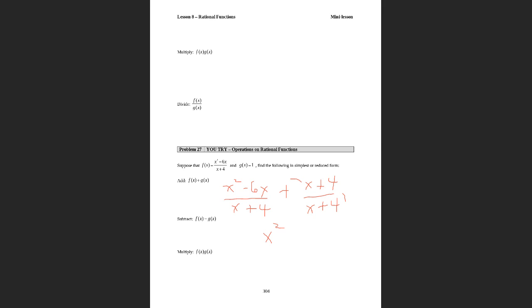So you're going to have x squared minus 6x plus x plus 4 over x plus 4, right? Same denominator. So this guy, minus 6x plus x, gives you what? X squared minus 5x plus 4. Okay.